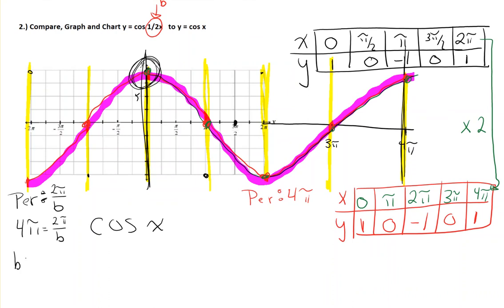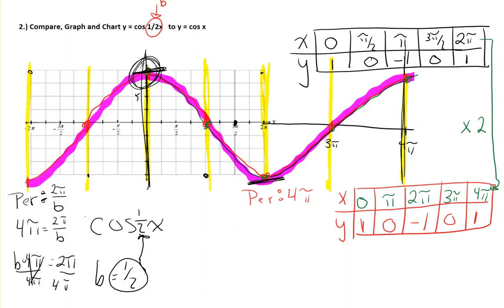So I'd get b times 4 pi equals 2 pi, divide by 4 pi, and b equals 1/2. So if b equals 1/2, I know to put that in here. What I would also do is check to see if any amplitude changes. The amplitude is 1. That's there, so there was no change for the amplitude. So the equation for this graph is y equals cosine of half x.